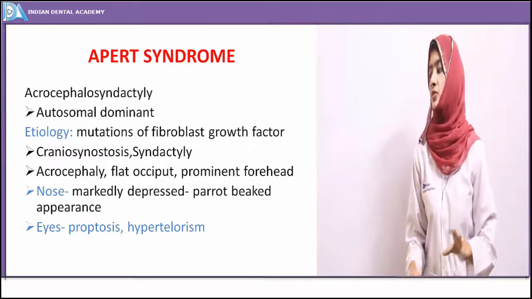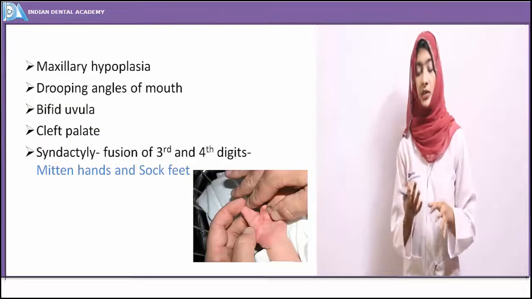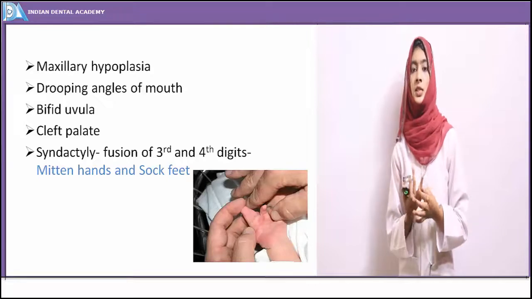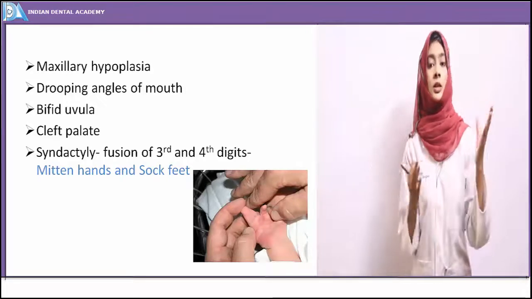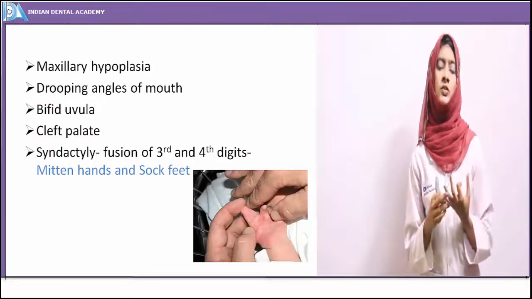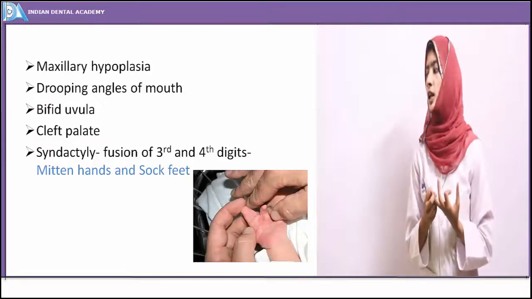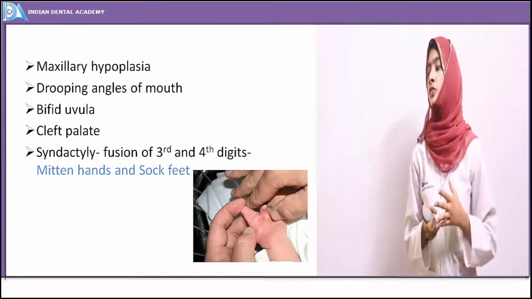Coming to the skeletal manifestations, the characteristic is the fusion of the third and fourth digits of the limbs, fingers or toes. It may be a bony fusion or a cutaneous fusion. That gives the appearance of mittened hands and sock-like feet.